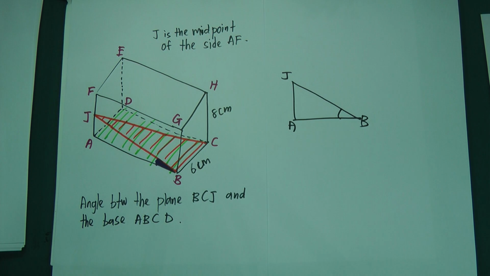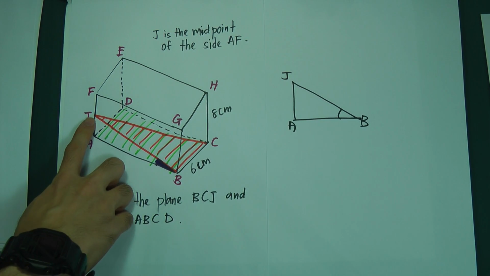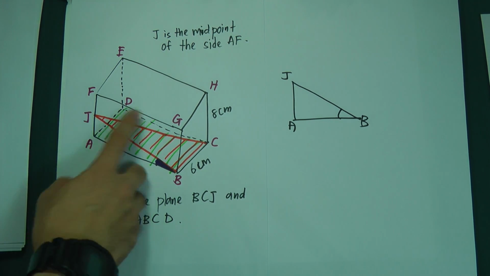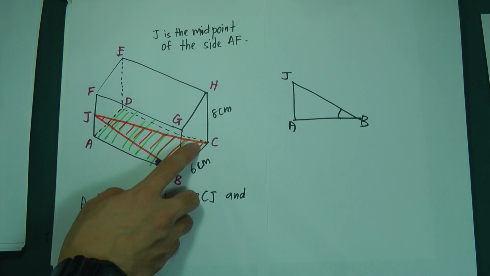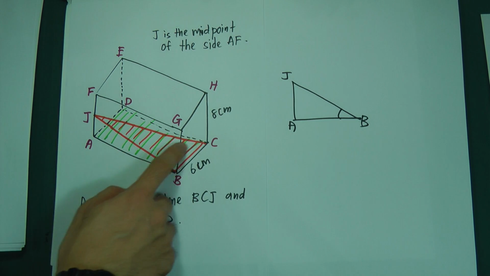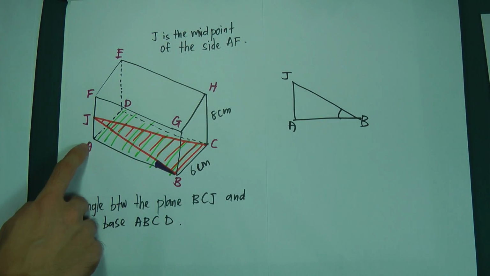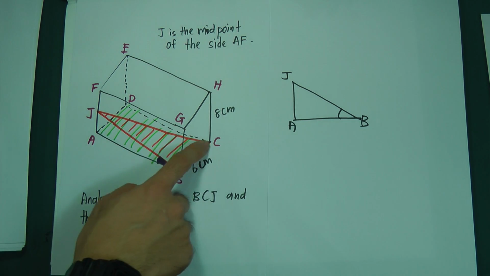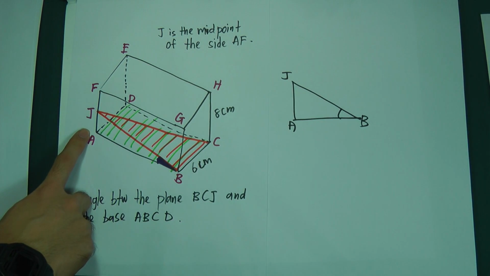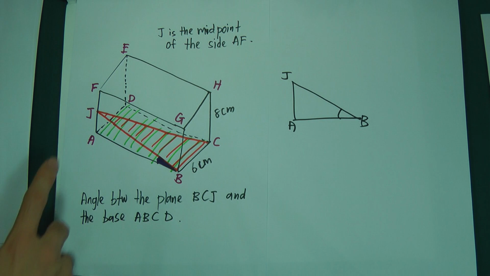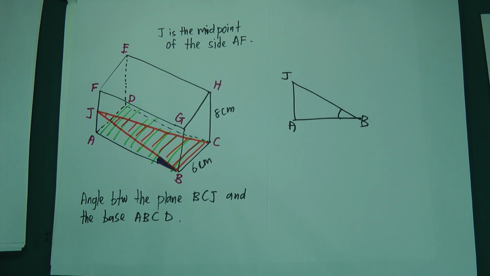Some students might argue that they can draw J, C, and A. But J, C, A is another triangle, and this will give you a different answer.